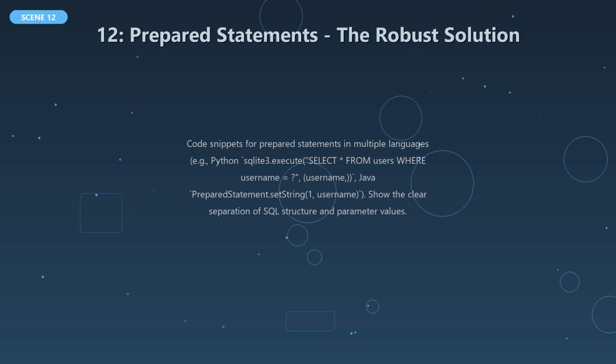This robust mechanism is supported across virtually all modern programming languages and database systems, including Java with PreparedStatement, C# with SqlCommand, PHP with PDO::prepare, and many others.